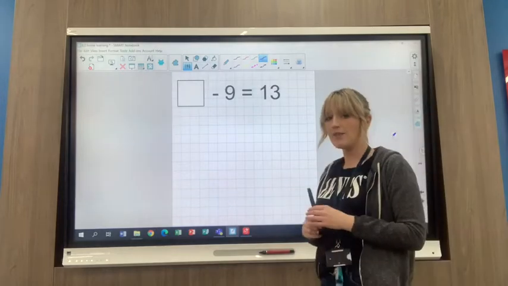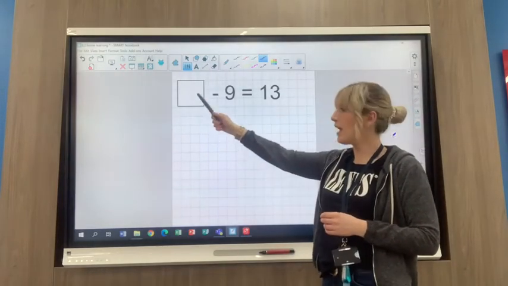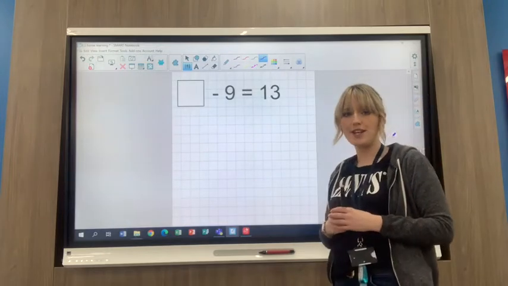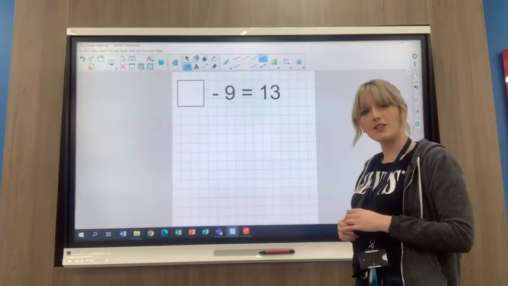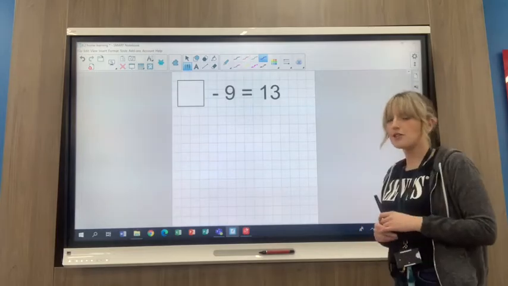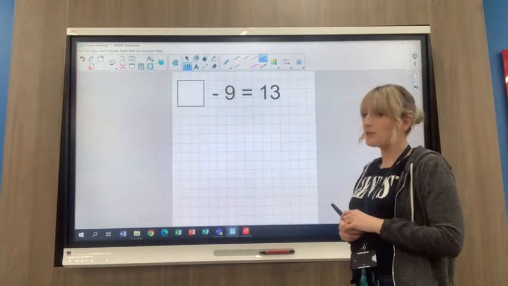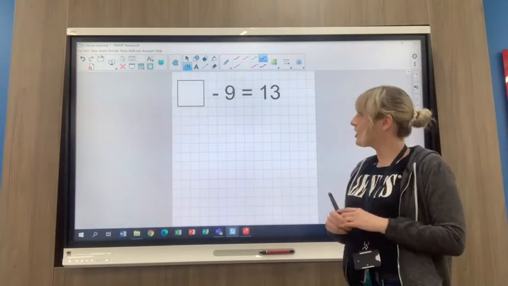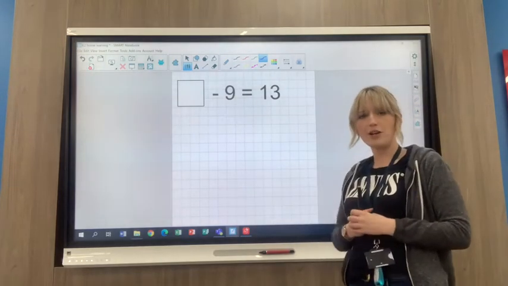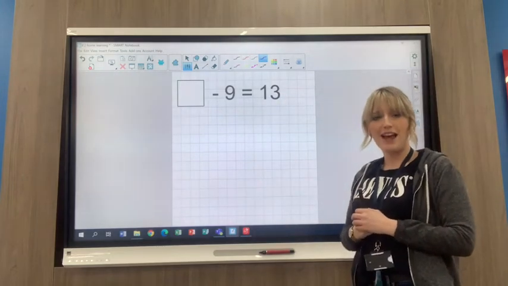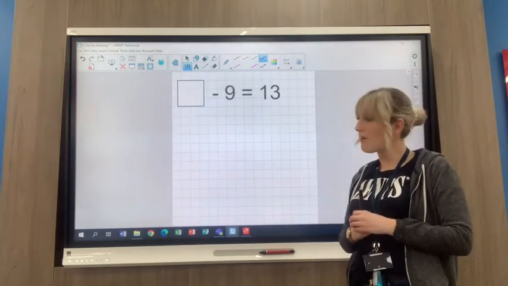This time I've got something take away 9 equals 13. Let's put that in a bit of a story to help us. The little girl had some Barbies. She gave 9 to her friend and was left with 13. How many did she have to begin with?